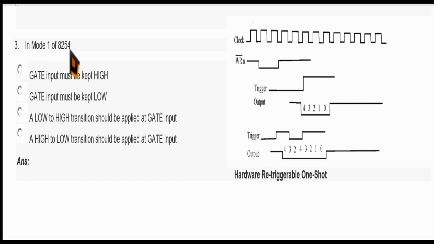In mode 1 of 8254, gate input must be kept high, gate input must be kept low, a low to high transition should be applied at gate input, a high to low transition should be applied at gate input. So they are asking about the gate signal. Mode 1 is hardware retriggerable one shot.